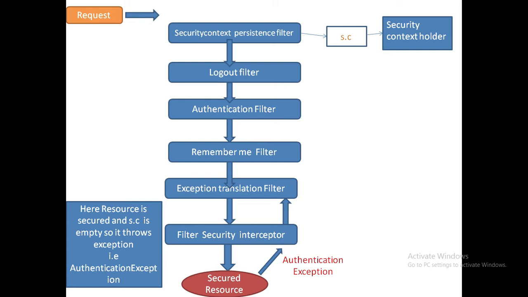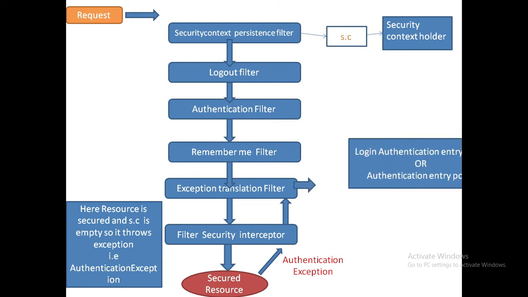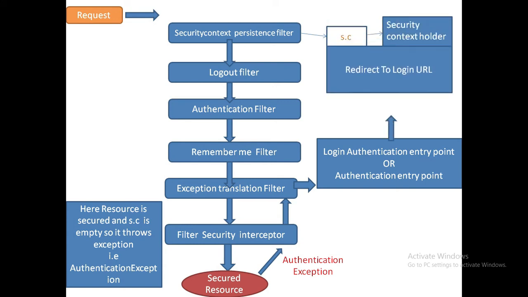Once this exception comes to the exception translation filter, it will check what kind of exception this is. It finds that this exception is related to authentication. So it will forward this exception request or redirect to the authentication entry point, and from this we will get redirected to the login URL.